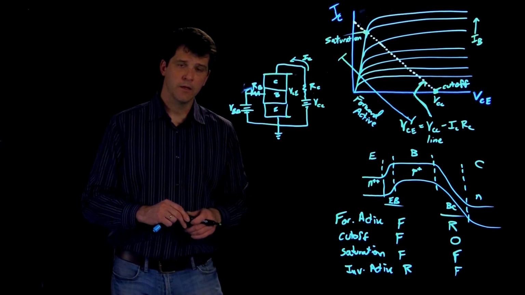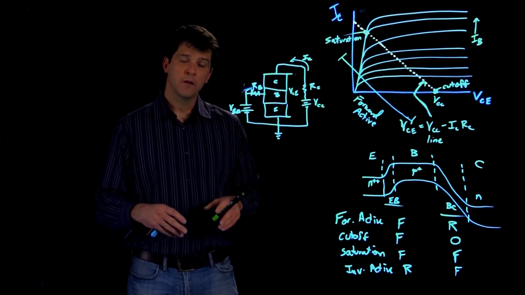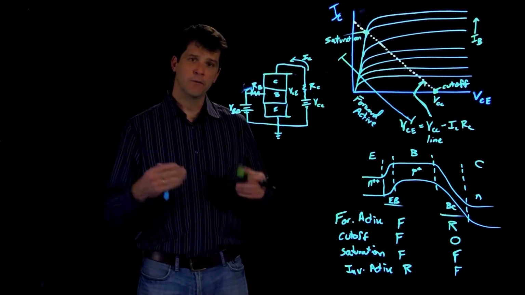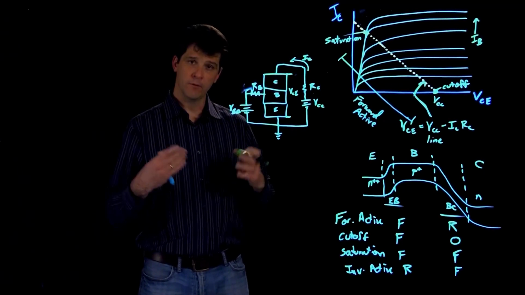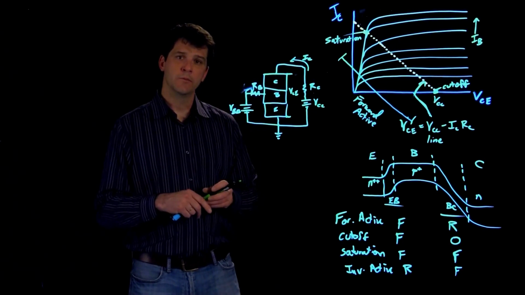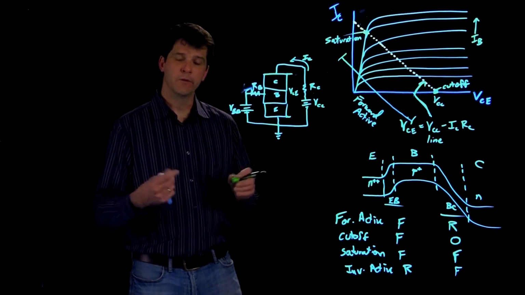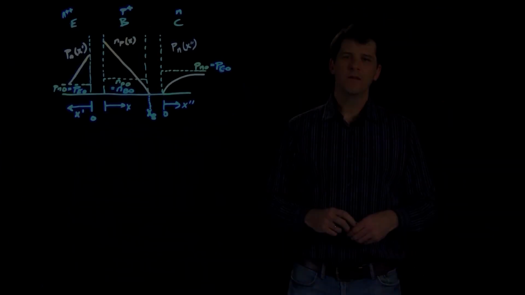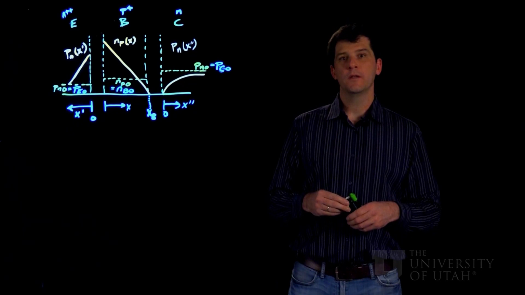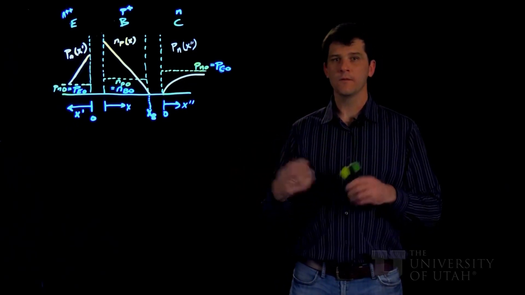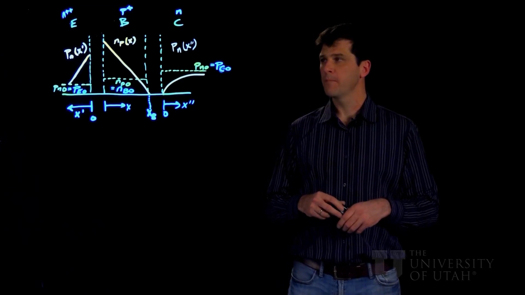So next, let's take a look at the actual minority carrier distributions and how those relate to the currents. And once we do that, we can actually go back and derive formulas or approximate formulas for the gain factors. Okay, so we've looked now a little bit at the currents and the definitions of the gains in the transistor.